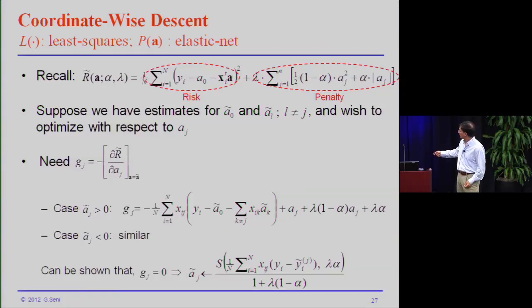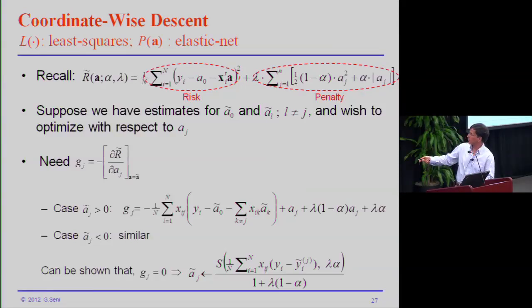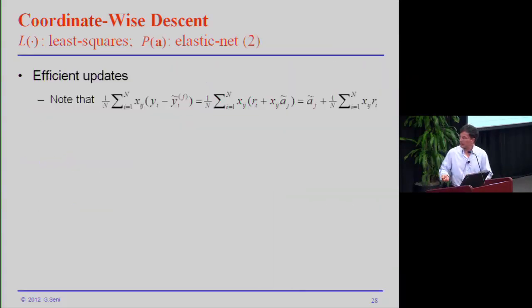That's what this at the top means: the current y hat without the x sub j component. I'm replacing this sum here by this y tilde. So let's look at that expression inside the soft thresholding operator, and why computing this can be done very, very efficiently.